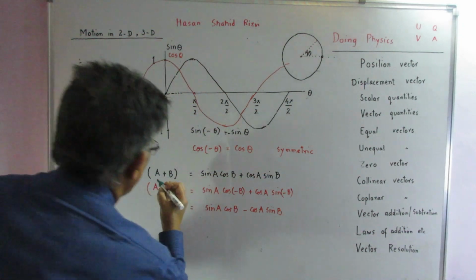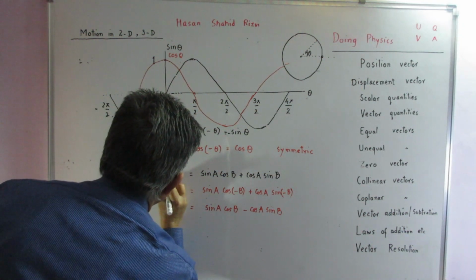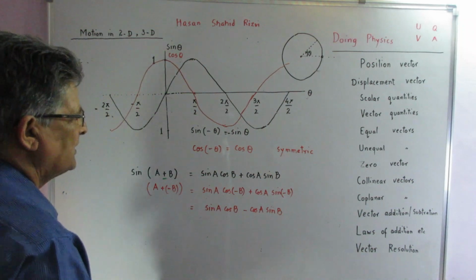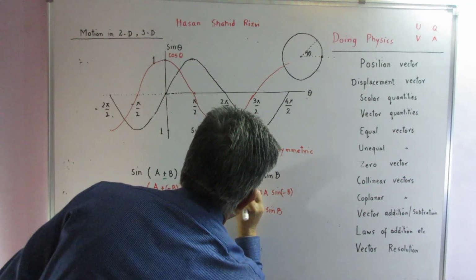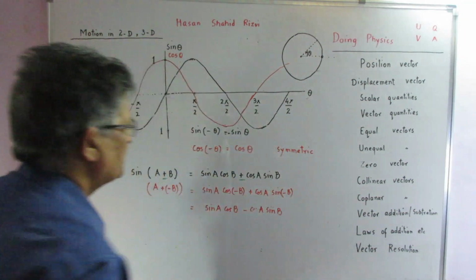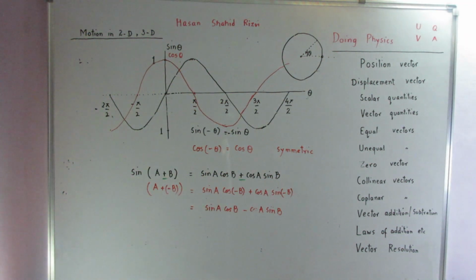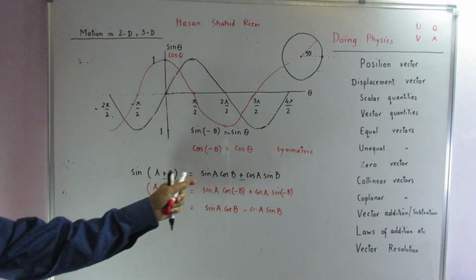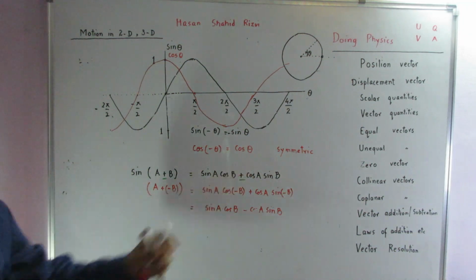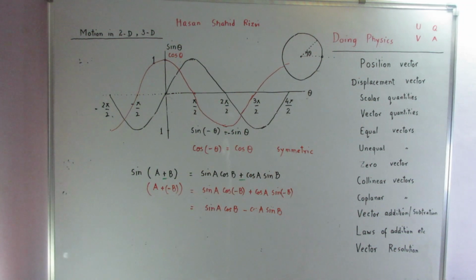In sine A plus B, if I take this as minus, then this plus sign is going to change to minus sign, and I have sine of A minus B is equal to sine A cos B minus cos A sine B.